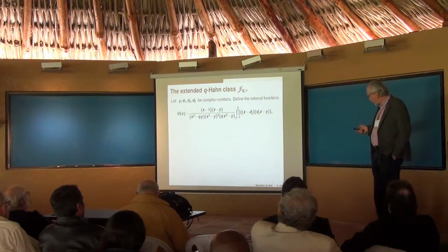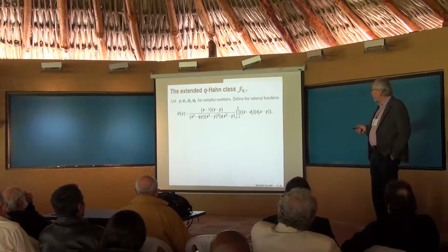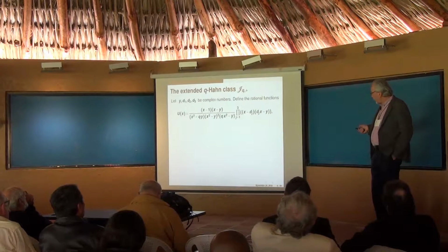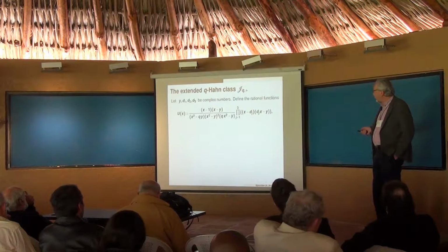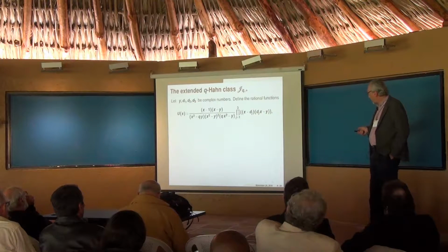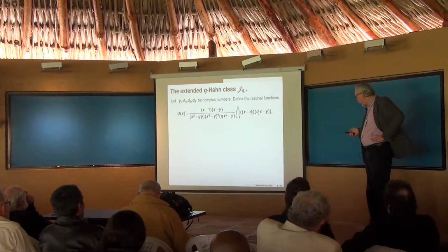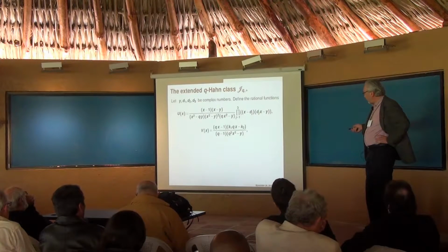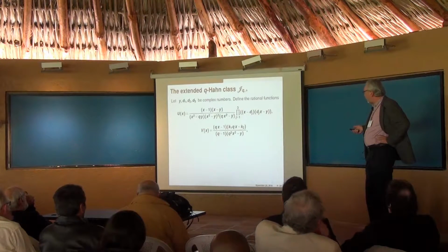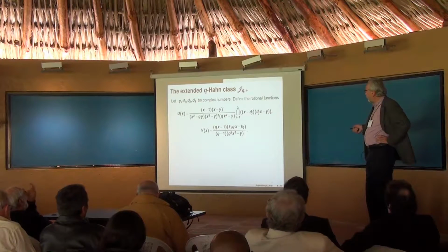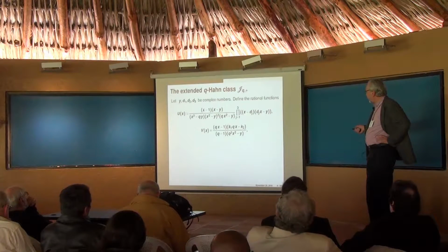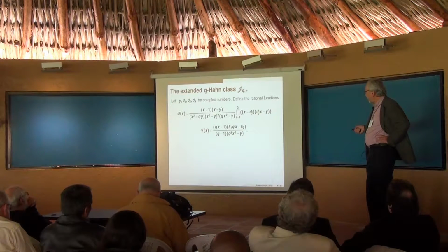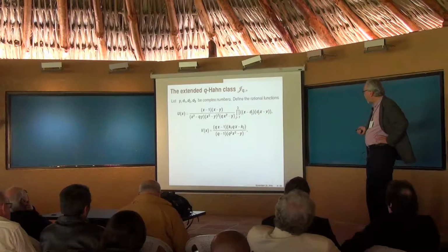So the new result is that we can construct the alphas and the betas in a different way using explicit formulas. This is the initial construction. We start with rational functions. The first one is a rational function in x. The variable is x, and y, and d1, d2, and d3 are complex parameters, complex numbers.